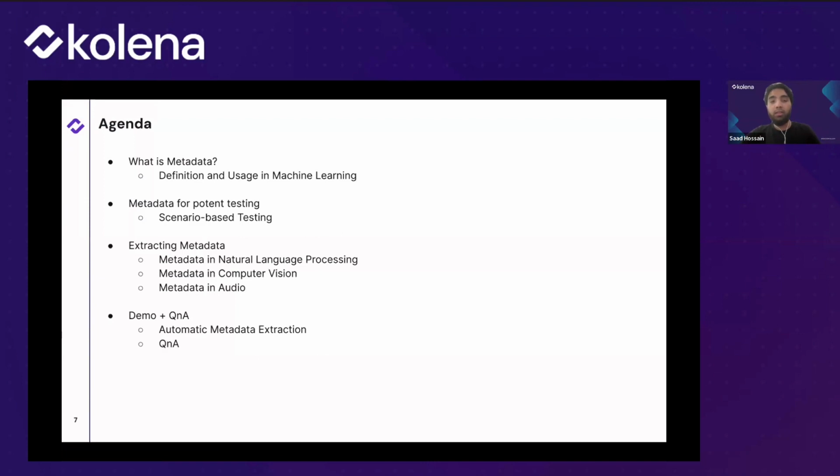And then I'd like to get to the crux of the talk, which is how we extract this metadata for various different machine learning modalities, such as natural language processing, computer vision, audio, and more. And then I'd like to top that all off with a demonstration of how this would look in the real world and how you'd perhaps use this in your projects. And then hopefully we'll have some time for a little bit of a Q&A.